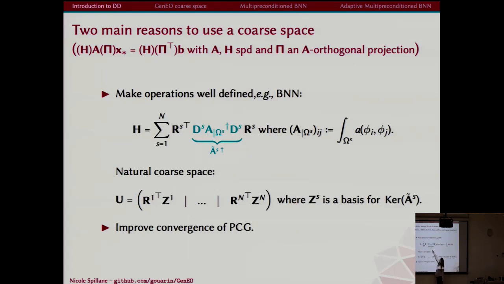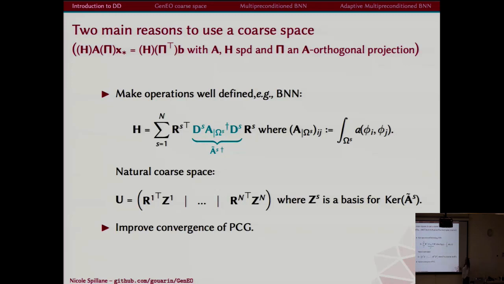This would be the A_S tilde inverse, except that I can't actually invert the A_S tilde, because this A restricted to omega S has a kernel for all floating subdomains. If you're solving for the Laplacian, then a(phi_i, phi_j) is the gradient of phi_i dot the gradient of phi_j. So for example, the constant will be in the kernel of those operators.